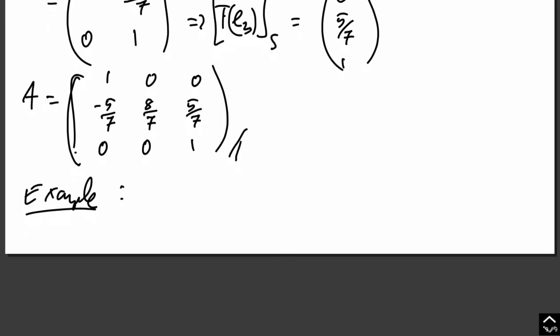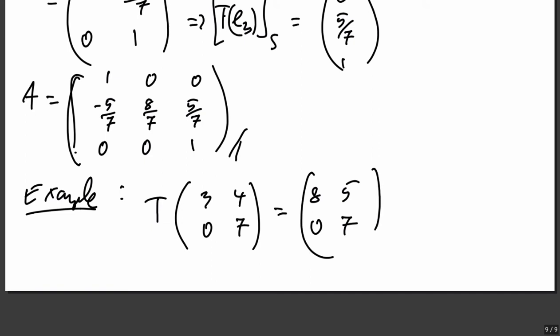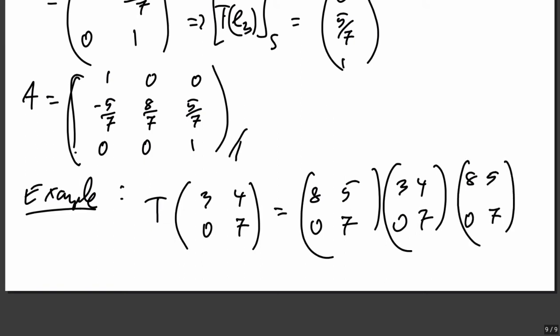As an example, if you want to apply the T transformation to the upper triangular matrix [3 4; 0 7], this is supposed to be [8 5; 0 7] times [3 4; 0 7] times [8 5; 0 7] inverse by definition.